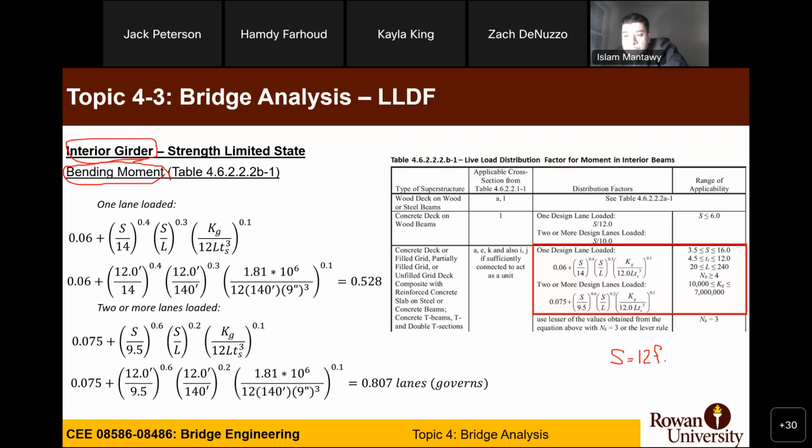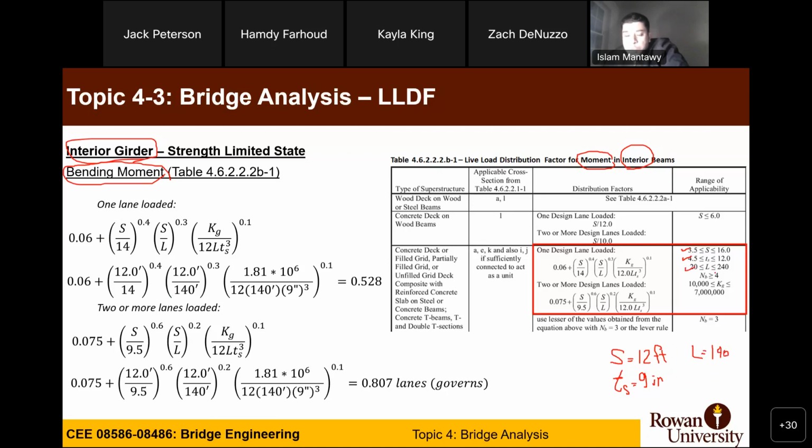So are we passing this requirement? The first one is okay, you're using moment for interior. What is your ts, thickness of deck? It was 9 inches, so that's okay. What is L, the span of the bridge? I think it was 140, so we are okay too.